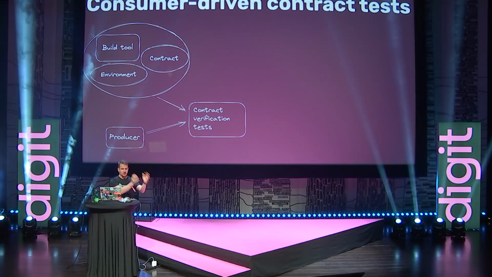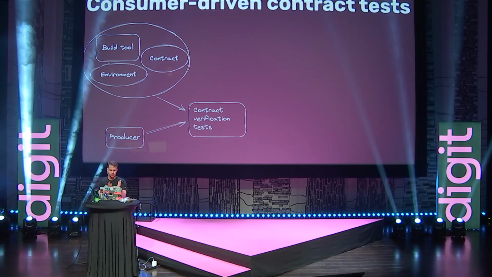With the Spring Cloud Contract approach, you start with the producer. And start with defining the environment, the contract, and the configuration for the Spring Cloud Contract thing to run. Out of those things, you can run contract verification tests. So the build tool, the Spring Cloud Contract Verifier, will run the automatically generated tests that verify that the producer conforms to the contract.